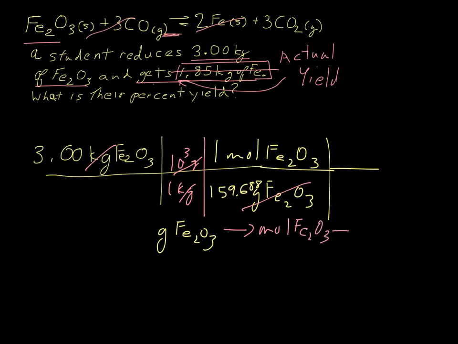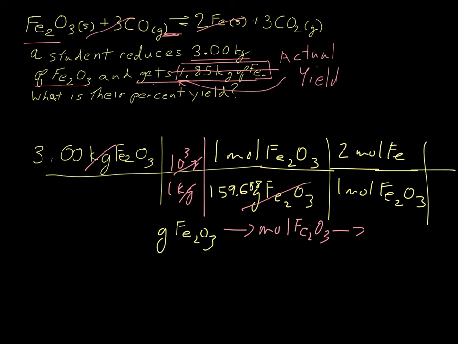I don't want moles of iron(III) oxide. I'm interested in moles of iron. According to my chemical equation, for every 1 mole of iron(III) oxide I can produce 2 moles of iron.